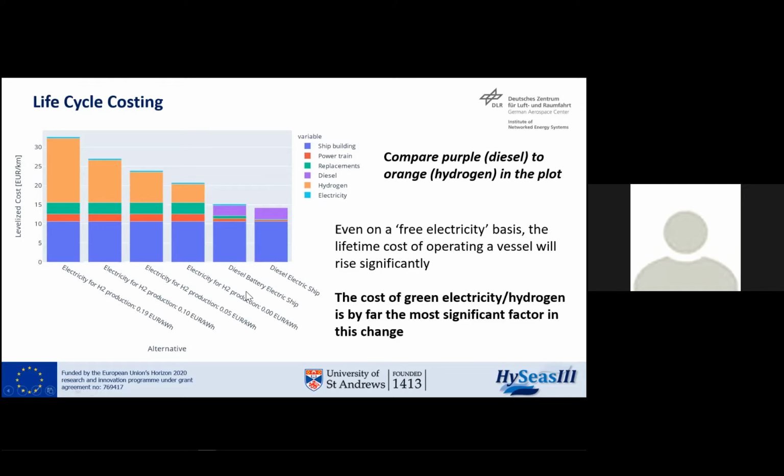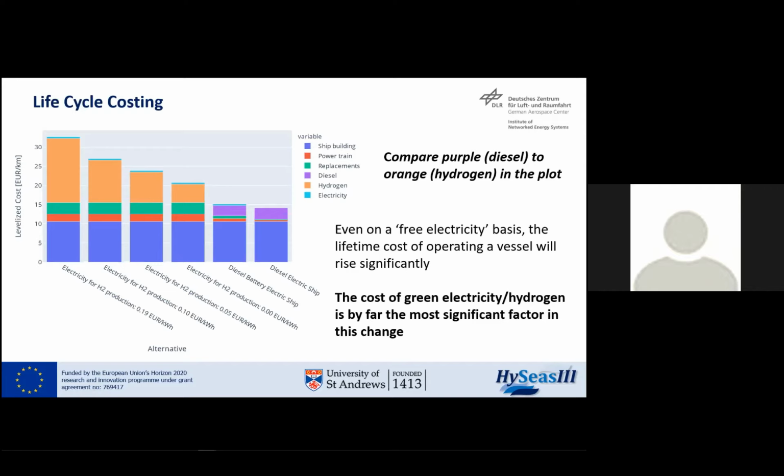So there are some things we can do, and we suspect that the eventual cost impact is probably going to be towards the smaller, down here. But it's going to cost more. Even on a free electricity basis, the lifetime cost will rise, and quite significantly.